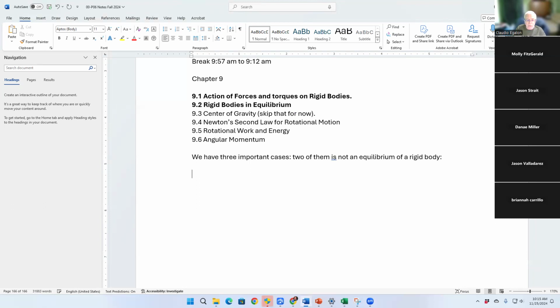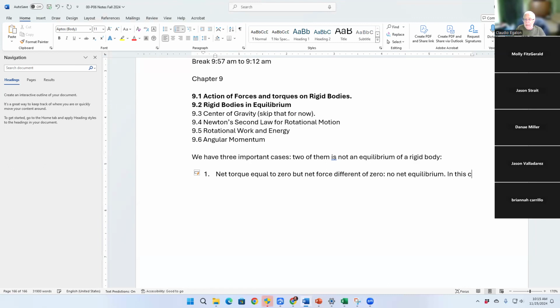So the first one that you see in the illustration: net torque equal to 0, but net force different from 0. This is no net equilibrium.